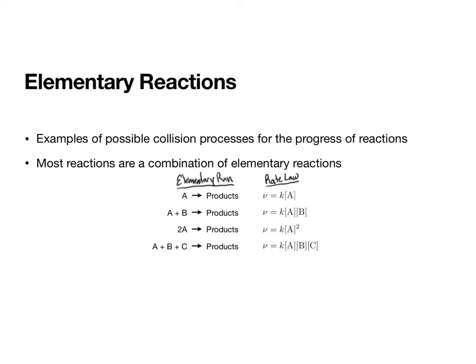Remember that we said that the rate, nu, is equal to k times the concentration of A raised to the x times the concentration of B raised to the y. For this sort of reaction, x and y must be determined experimentally.